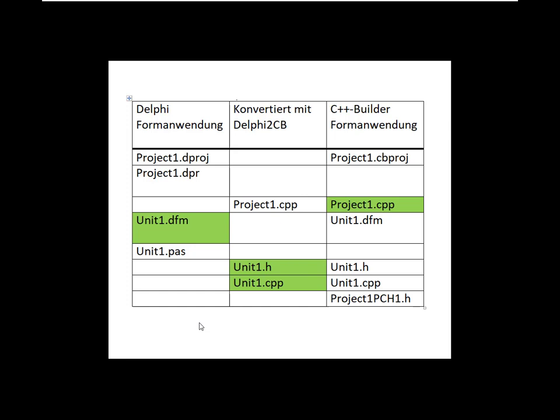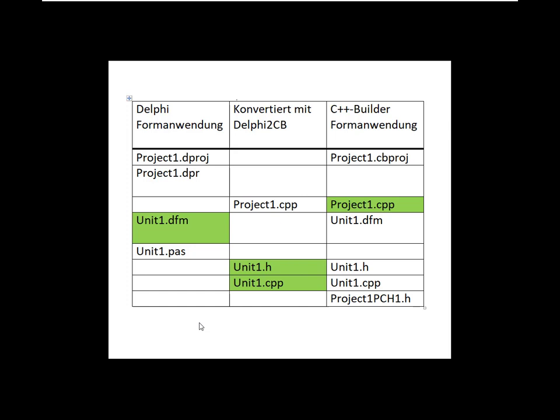In the middle column you can see the files that Delphi to CB can generate from them. We did not create the file project1.cpp, but it would be possible. The C++ Builder can do that better, so I'll leave it at that. In the right column you can see the files that are generated by a new C++ Builder form application.